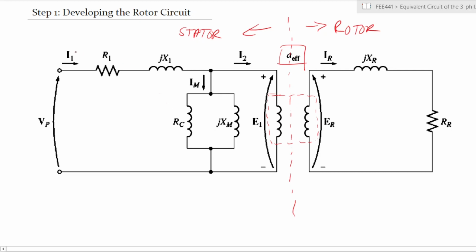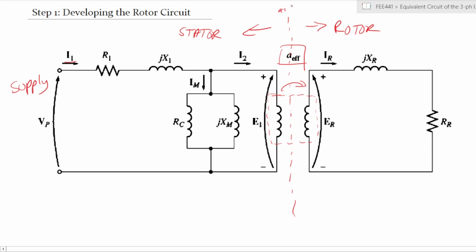And we have all the currents represented. You have your I1, which is what is seen from the supply side. The supply is connected there. You have your I2, which is the last current before it makes the jump across the air gap.